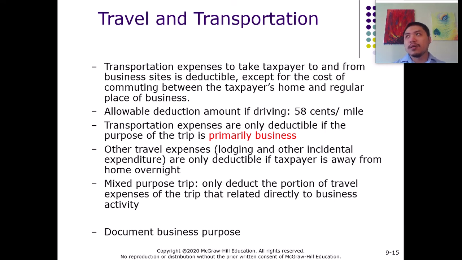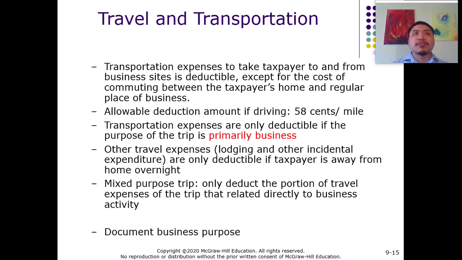It has to be the business site, the business trip. It has to be not regular, right? So if the taxpayer just drives from home to the office and back every day, then the taxpayer cannot deduct that cost. But let's say once in a while the taxpayer has to fly to a different city to meet up with potential clients, then that transportation expense is deductible fully.